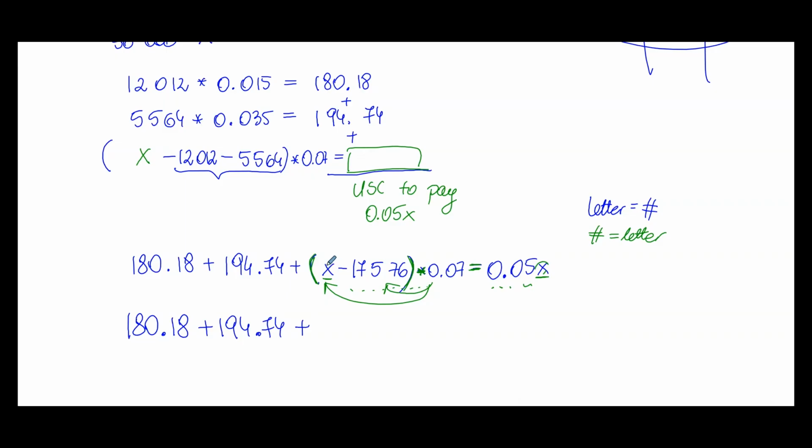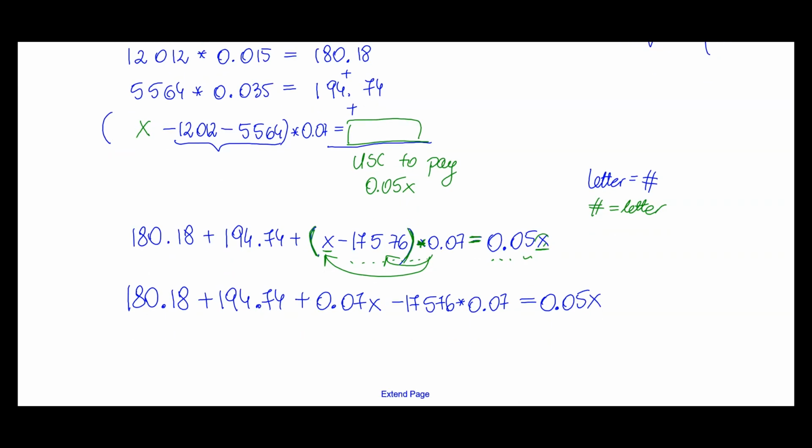Then we are multiplying by 0.07. So that's just 0.07 multiplied by x. And then we are multiplying that minus 17,576 by our 0.07. And again, like I'm saying, you can put that in the calculator and find the value. And on this side of the equation, I have 0.05x.